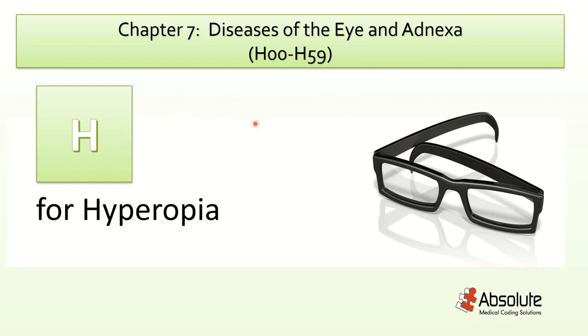When you have eye conditions, they begin with the letter H. When you think of eye conditions, think of hyperopia. Hyperopia is another term for farsightedness. When you hit your 50s, you're going to know what I mean. H is for hyperopia, and H houses all of the diseases of the eye and adnexa.